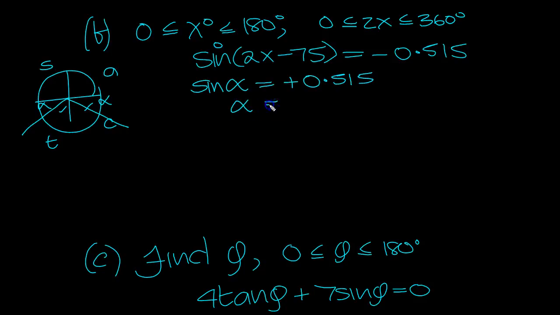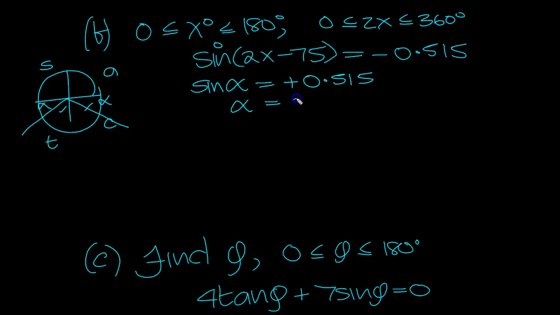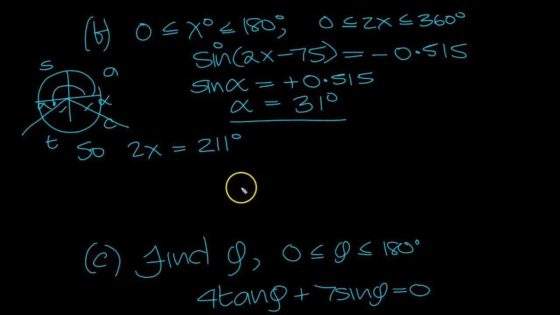So alpha is equal to shift sine 0.515, 31 degrees. So we've got 2x minus 75 is equal to that. 180 plus 31 is 211 degrees.